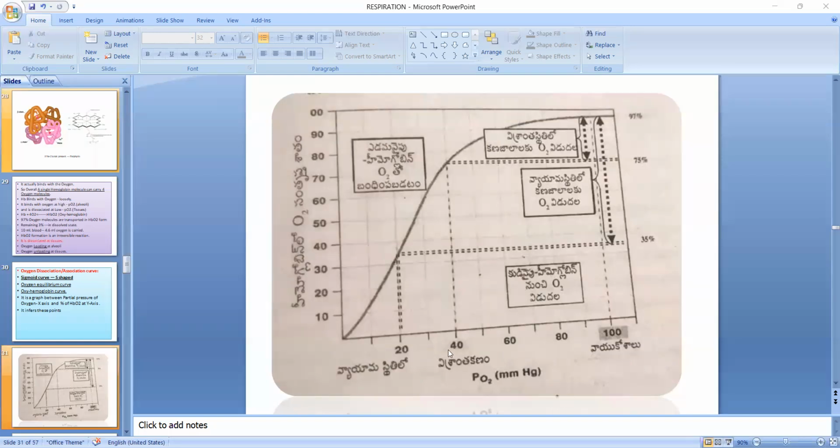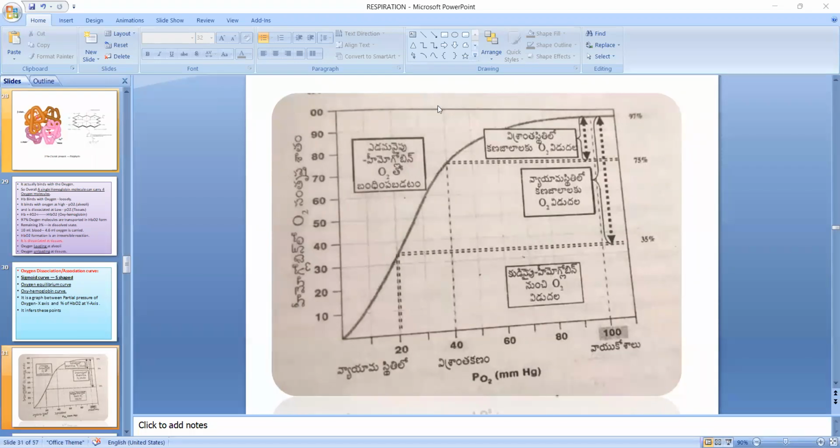In the same way, at 40 mmHg PO2 at the tissues, because the PO2 value there is 40, the HbO2 saturation reaches 78. What does it mean? Almost 19 to 20% of oxygen is dissociated from the HbO2, and the dissociated oxygen is given to the tissues. So this graph explains a lot.